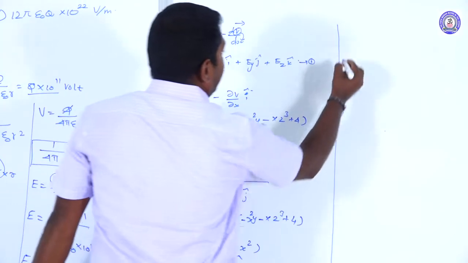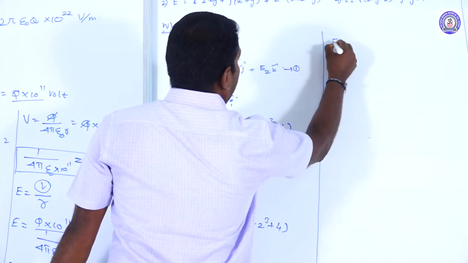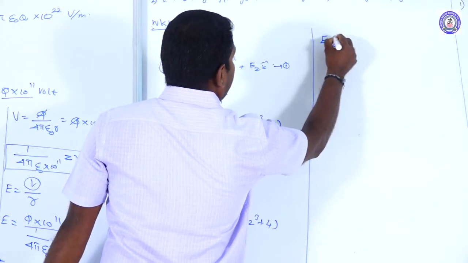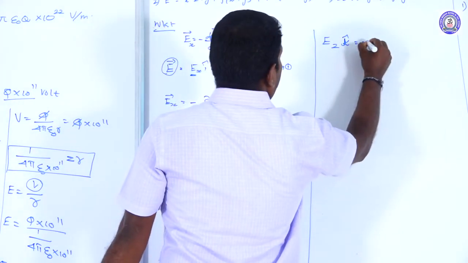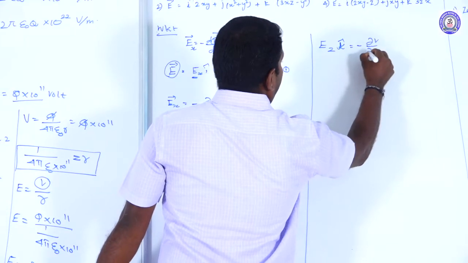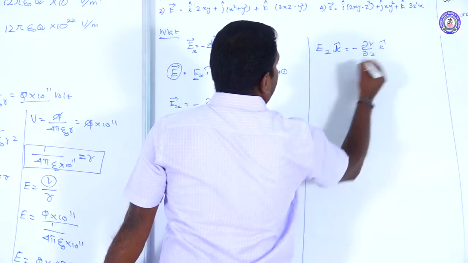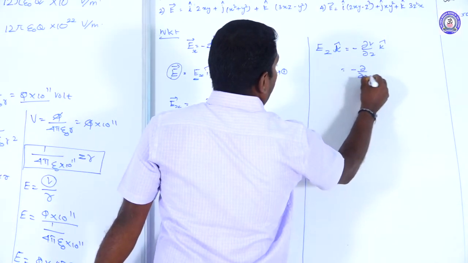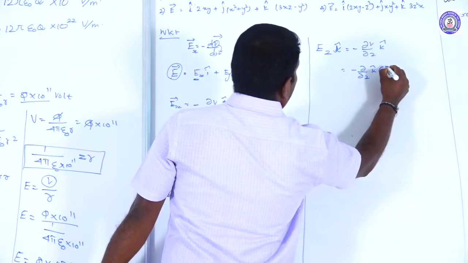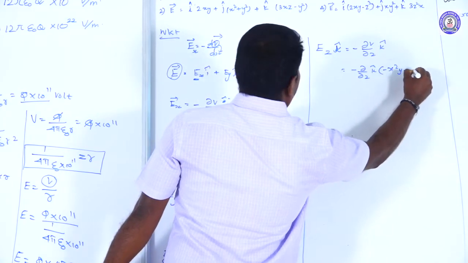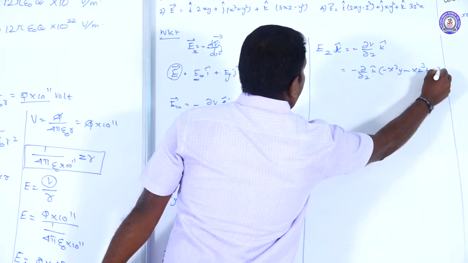Then the electric field intensity along the z coordinate axis, Ez k cap, is equal to minus dou V divided by dou z k cap, which is minus dou divided by dou z of V value minus x square y minus x z cube plus 4.